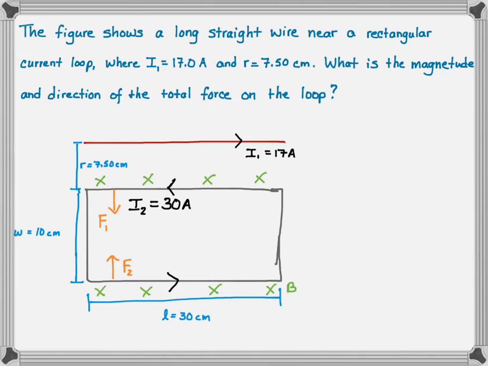The rules also say, given two wires with current flowing parallel to each other, if the currents are going in the same direction, it's an attractive force. If the currents are going in opposite directions, it's a repulsive force. So those also give me a way of checking the direction of F1 and F2. F1 and F2 are the forces on the wires parallel to the straight wire.